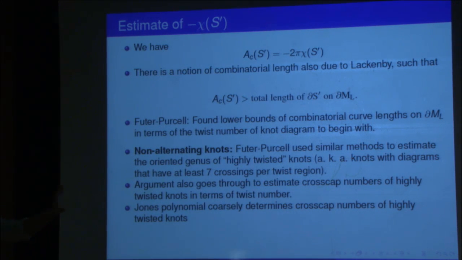And again, you can go on in this case to express it in terms of the Jones polynomial. The bound is not so good itself, and the fact that you're putting 6 crossings per twist region doesn't make it useful to make calculations with small crossing knots. So I haven't really said anything in this case. All right.